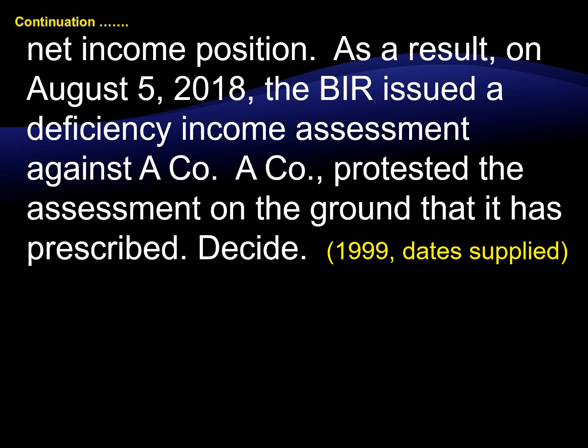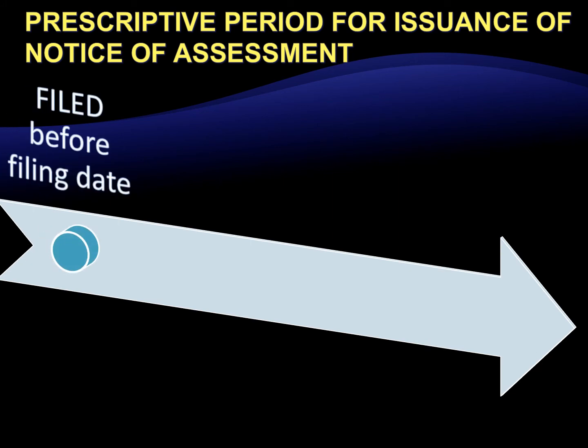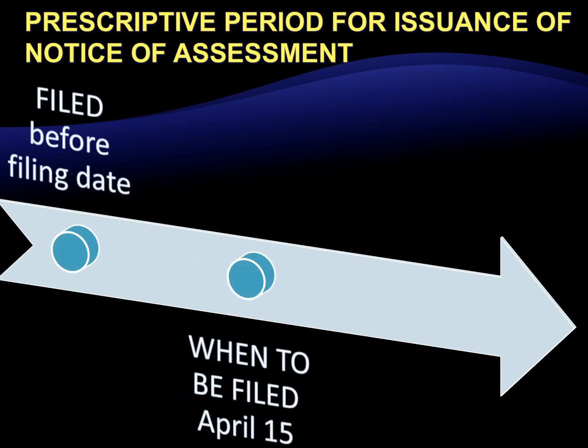Now let's look at the law now. First, let me show you what I stated a while ago, because you might not have followed me since I must have talked too fast. So let's see. What is the prescriptive period for issuance of an assessment notice? Supposing this is time, and you have here a filing date, as we said a while ago.